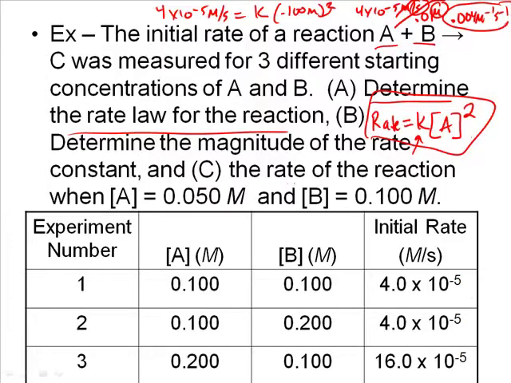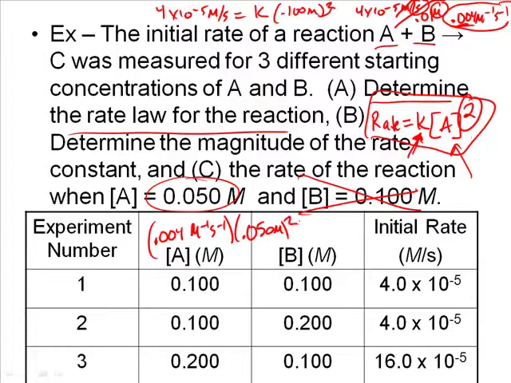Now they want to know, well, okay, what's the rate of the reaction if A equals 0.050 and B is 0.1? First of all, B we don't care about because, remember, it's not in our rate law. So the rate is going to equal K, which we just figured out was 0.004 molarity to the minus 1, seconds to the minus 1, times 0.050 molar, and again, A is squared.